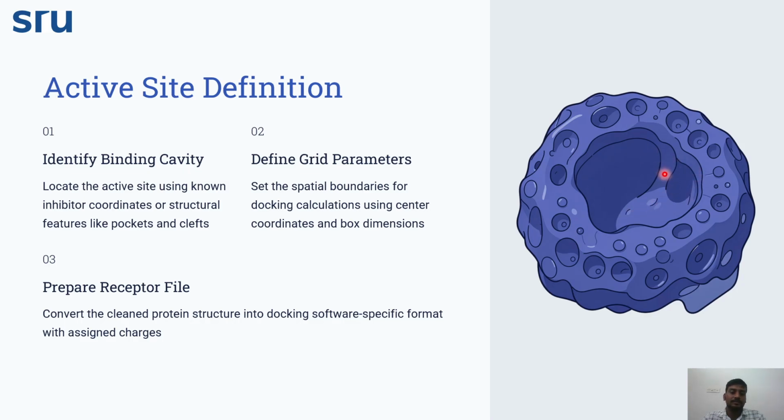So how to identify the cavity? There are several softwares such as SiteMap and CASTp. These softwares help to identify the cavity based on hydrophobic regions and hydrogen bond acceptors and donors. There are several terms available to identify the active site of any protein.